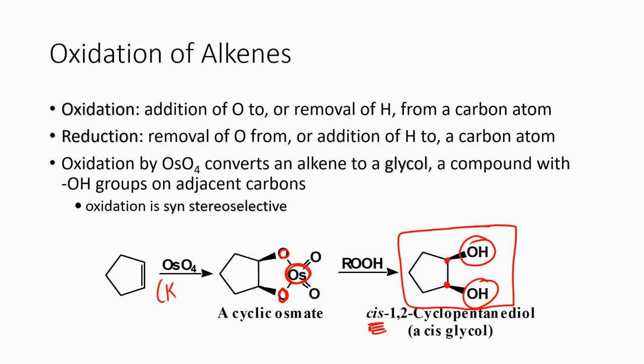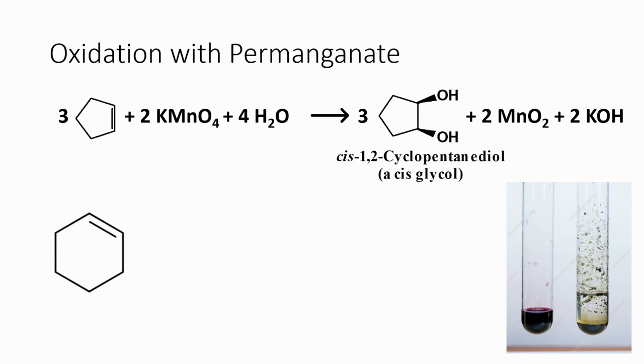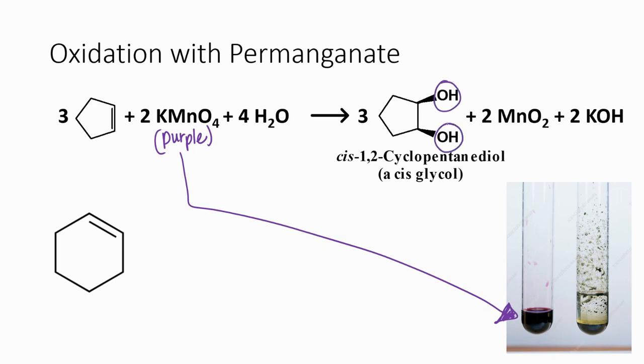We can also use potassium permanganate to do these oxidations. Potassium permanganate has a characteristic dark purple color. It's a very deep purple color, depending on its concentration, like this. And so potassium permanganate and water add again to form this glycol, or the two OHs, cis, on the same side.